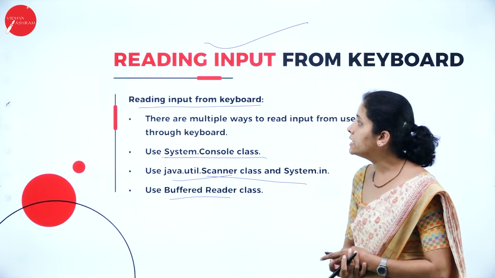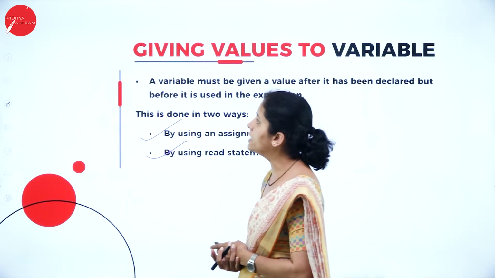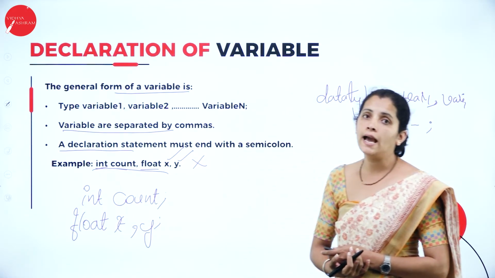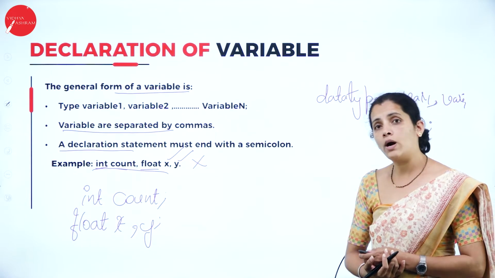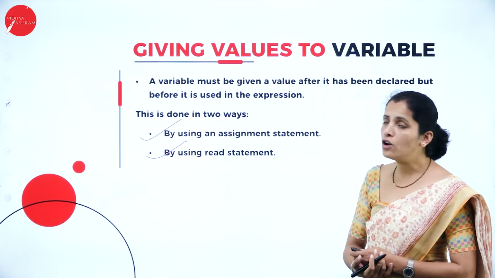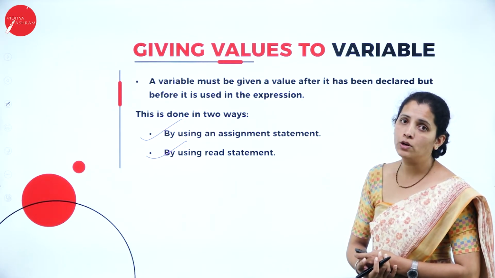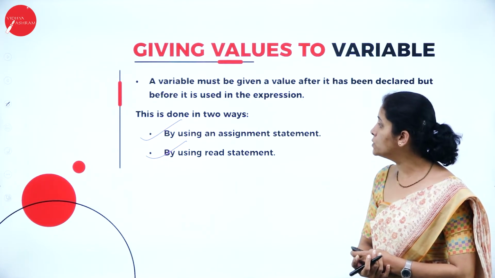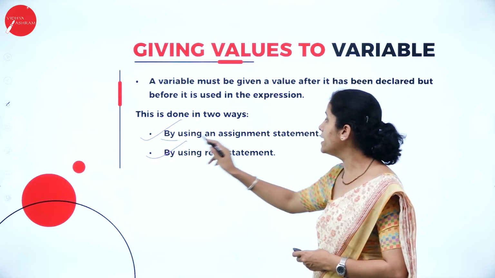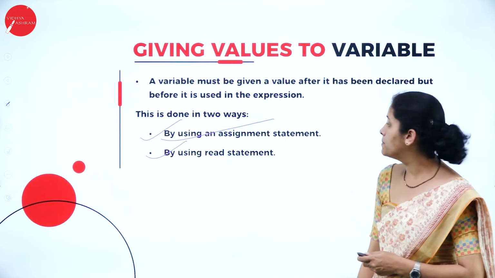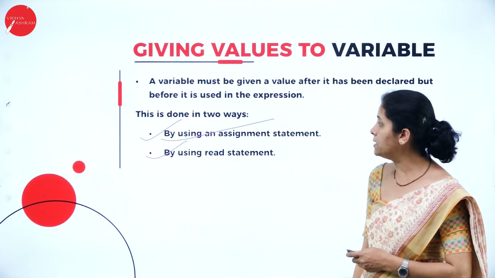Anyway, dear student, in today's session, I started with how to declare a variable and what rules I need to follow, and the two methods I can use to assign values, that is, by using an assignment statement and by using a read statement.